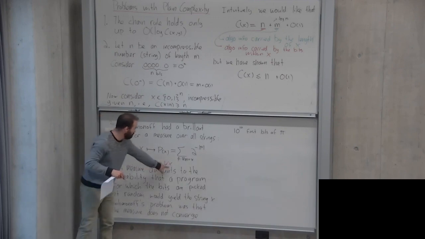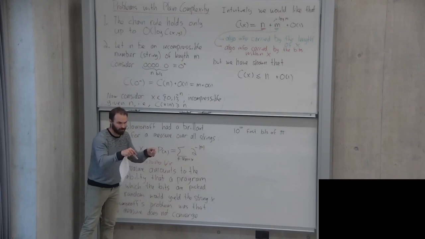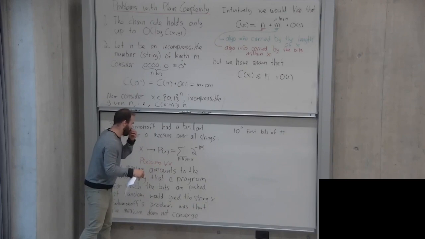So for any x that we pick, this beautiful idea, which apparently seems to make sense, like the monkey needs to have some finite probability of typing a program which would yield a computation for x.